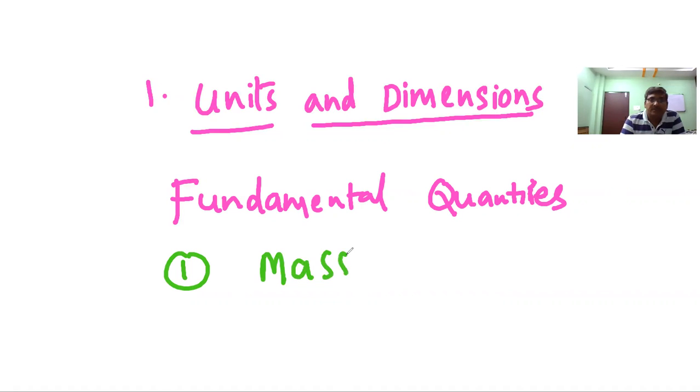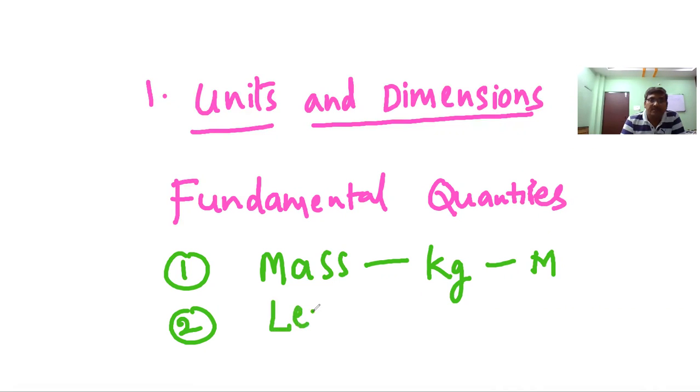mass. And this mass has a unit of kilogram, and its dimension is M. The second one is length.